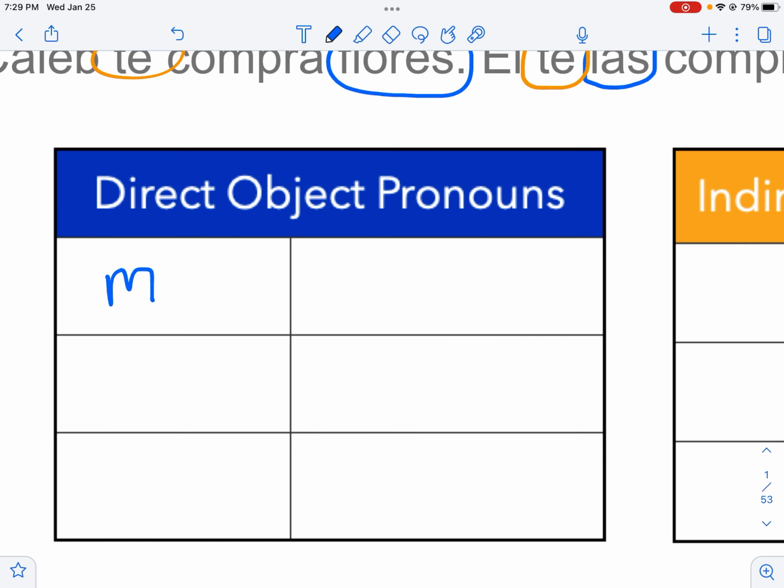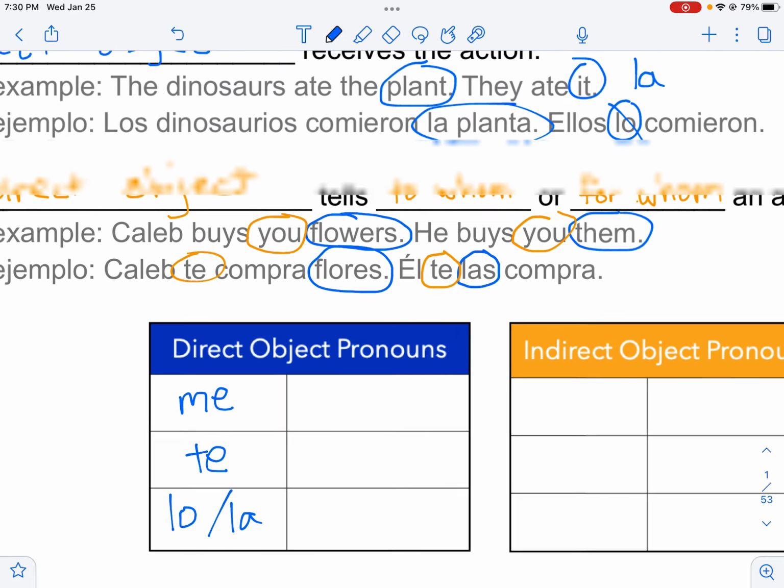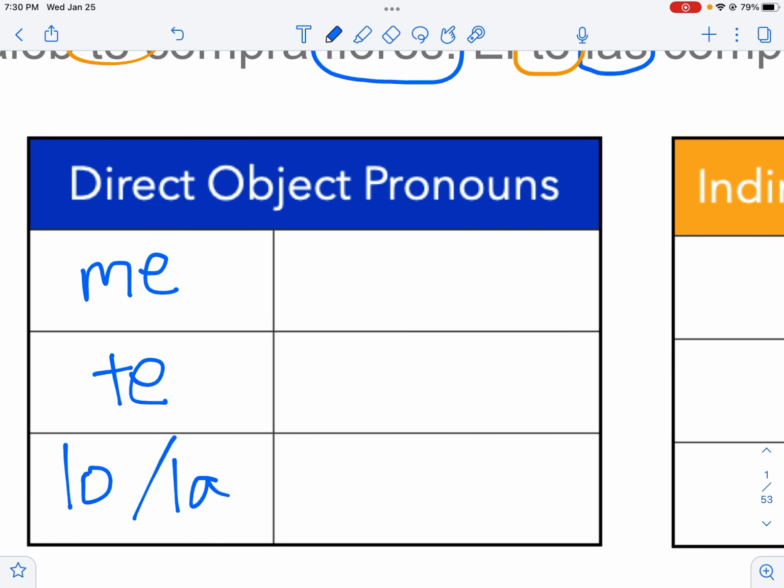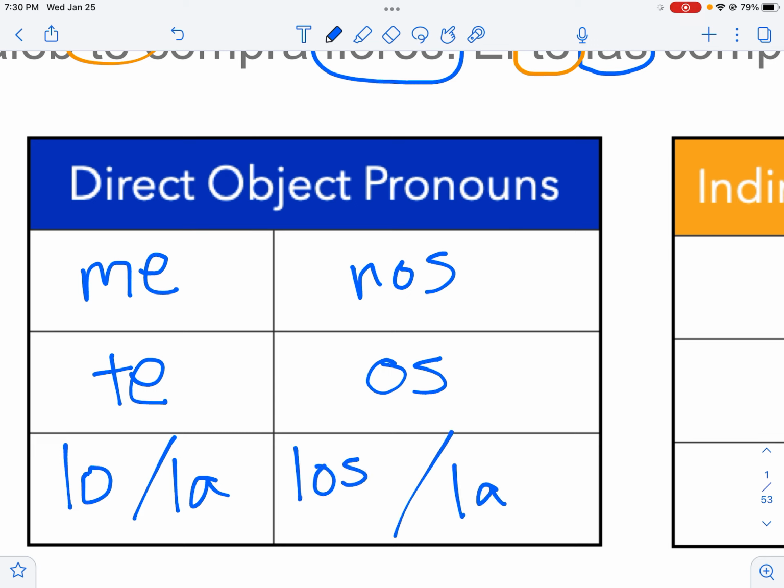Similar to English, we have me, te. And then the direct object is either lo or la, depending on the gender of the person or the thing. So here, la planta, it should be la instead of lo, like I put up there, which was my bad. And then the plurals, we've got nos, os, and then, as you recall, or maybe you don't, los or las.